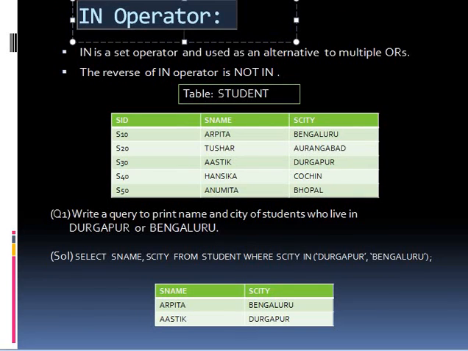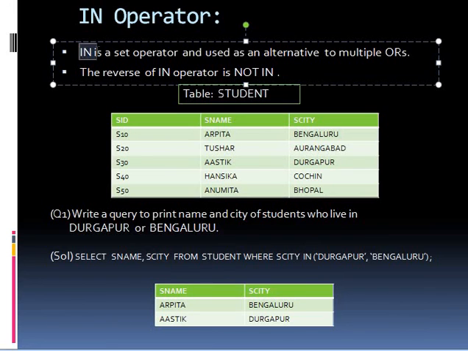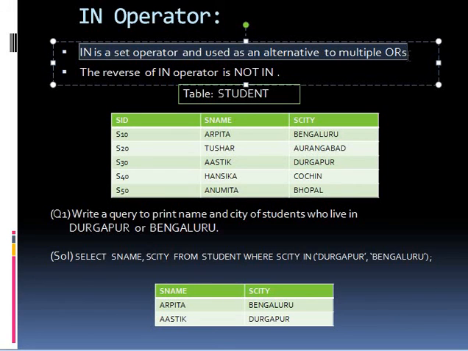The next type of operator that I shall be discussing now is the IN operator. The IN is a set operator and this is used in place of the OR operator. The IN is a set operator which can be used as an alternative to multiple ORs.